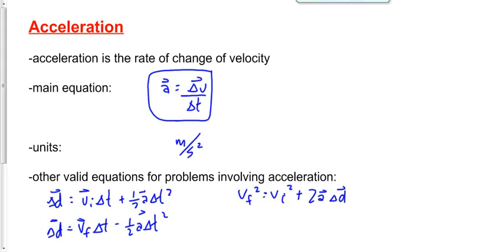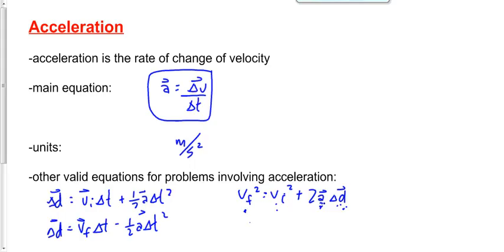Not initial velocity. Julia? Initial speed? Yeah, it's initial speed, good. And final speed. What does A stand for? Acceleration, and delta D stands for displacement, of course. So you've got to be careful here. These are vectors, just like most of the variables are in the first two equations, but these two are scalars, and that's going to make a difference sometimes. You're going to see when that arises.